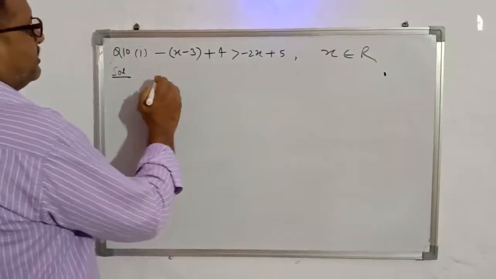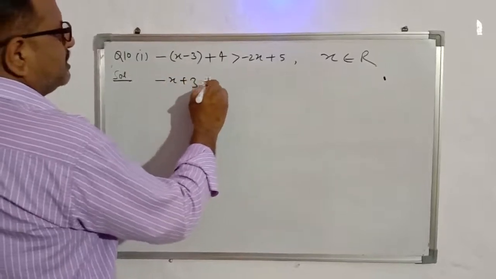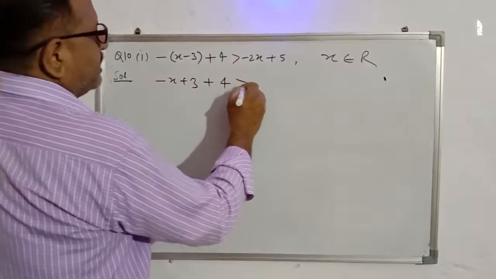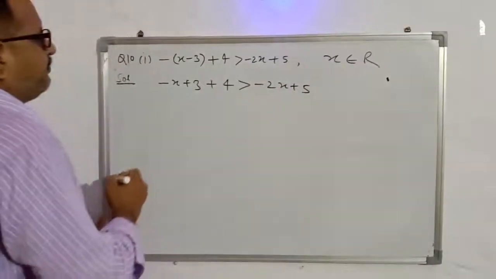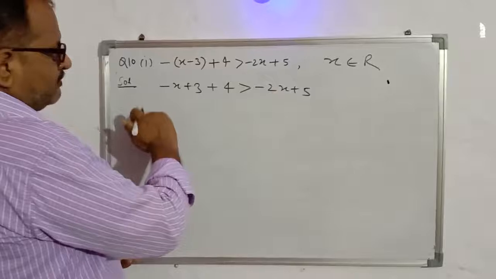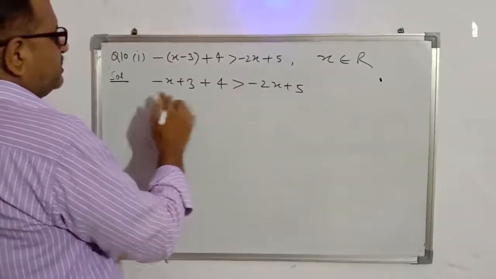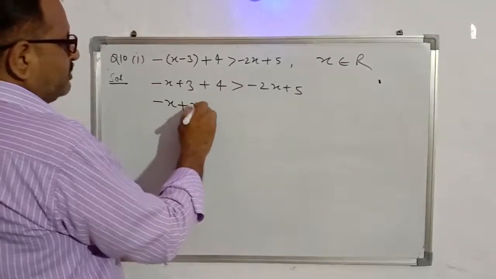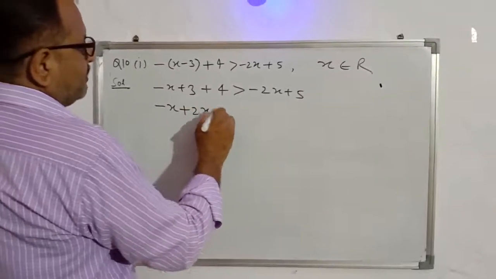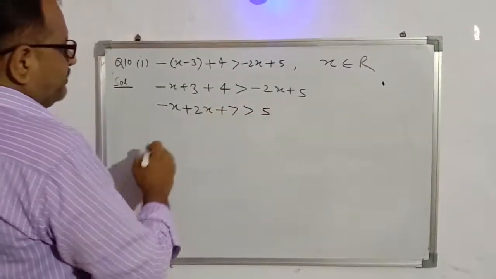Firstly open the bracket: minus x plus 3 plus 4 greater than minus 2x plus 5. Transpose all the variables to one side and all the constant numbers to the other side. Minus 2x goes to the left side as plus 2x.